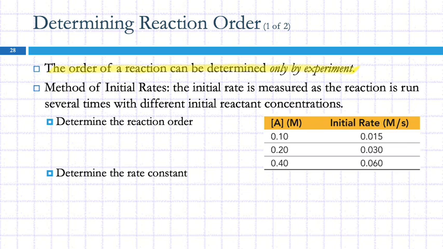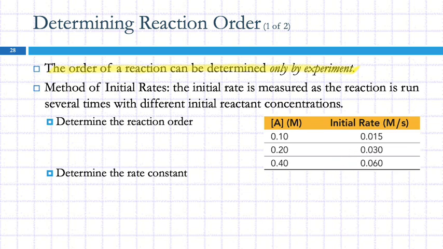So what you do is you measure the initial rate of the reaction, and you run the reaction with several different concentrations of reactant. So here, when the concentration of reactant was 0.1, the initial rate was 0.015. We double the reaction concentration to 0.2, and we measure the initial rate. We double it again, and we can see the change in the initial rate.